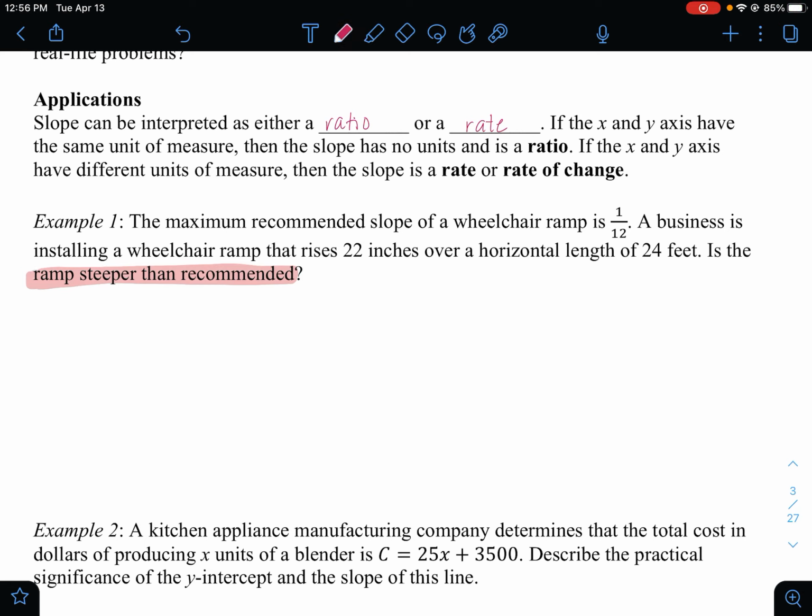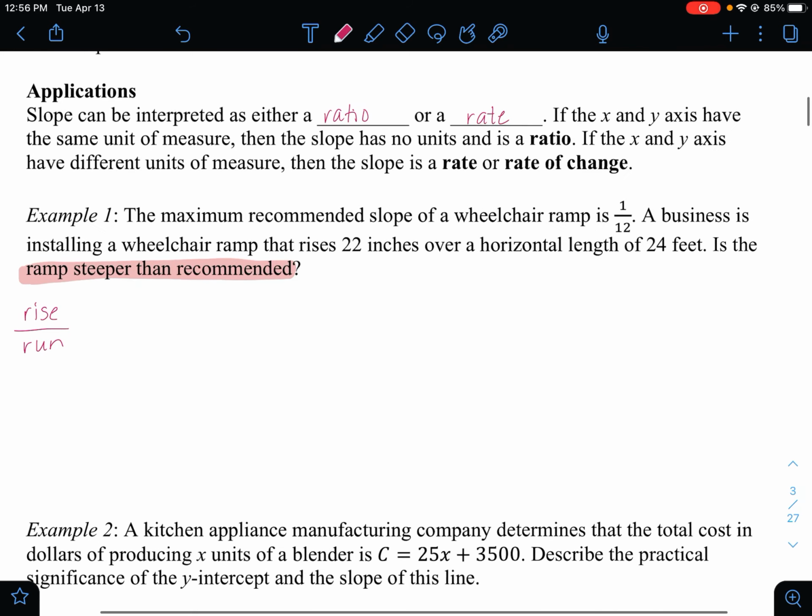Remember, slope we can think about as rise over run. Let's not forget that. So the rise in this case, it says rises 22 inches over a horizontal length of 24 feet. So I have 22 inches over 24 feet.